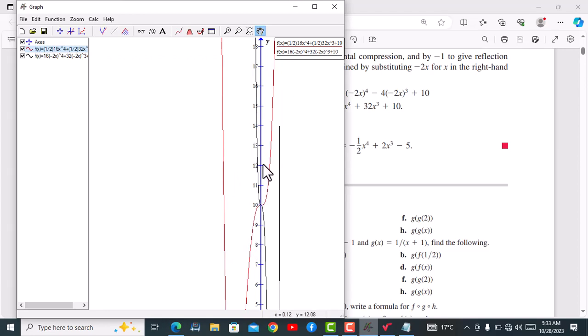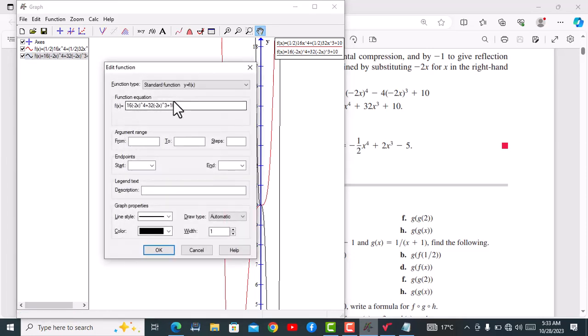Let me just do this. So it was compressed vertically, but now I need to reflect this along the y-axis. Along the x-axis, only the value of y changes the sign, so I will have to multiply throughout here by a negative.